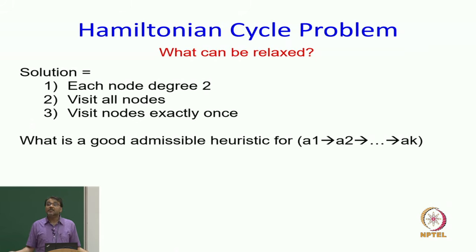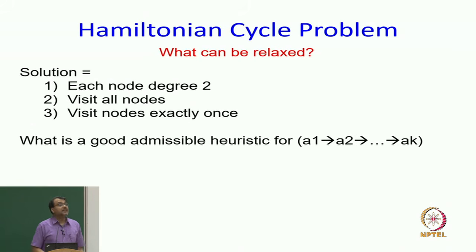With any path using which nodes? Remaining nodes. So, get rid of A1 to AK in the graph, keep A2 to AK minus 1 out of the graph, and then try to compute the shortest path from AK to A1, and that is going to relax the visit all nodes constraint.